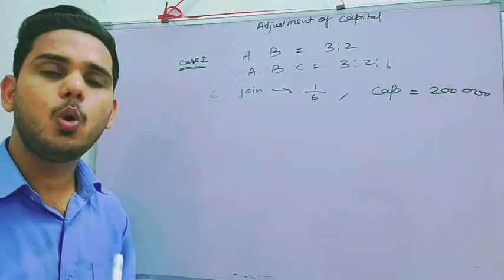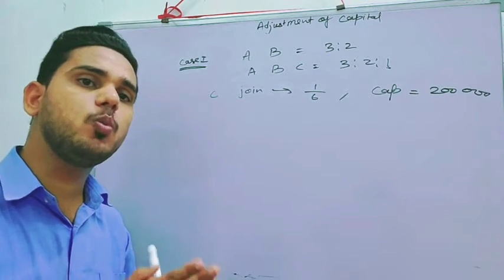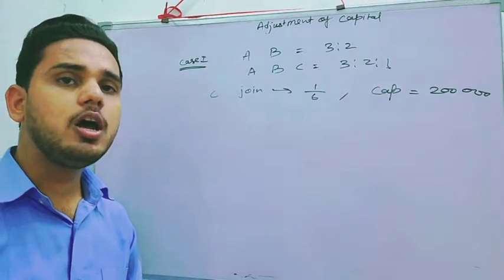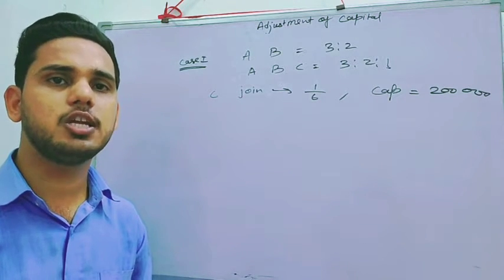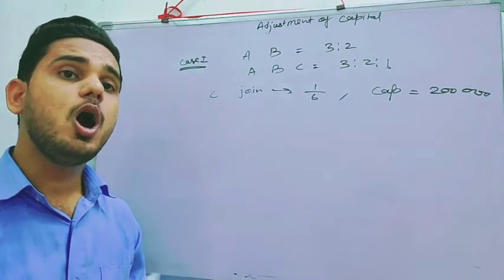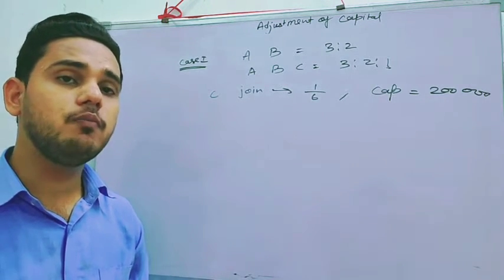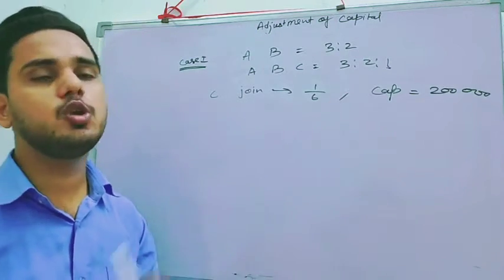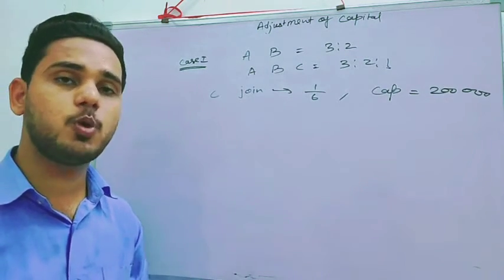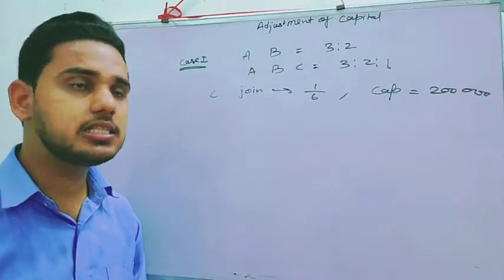Capital of old partners will be adjusted on the basis of new partner's capital, or on the basis of new partner's capital and his profit sharing ratio. Okay, or it can be written that capital of the new partnership firm will be readjusted on the basis of new partner's capital and his profit sharing ratio. Meaning is the same for all these three statements.